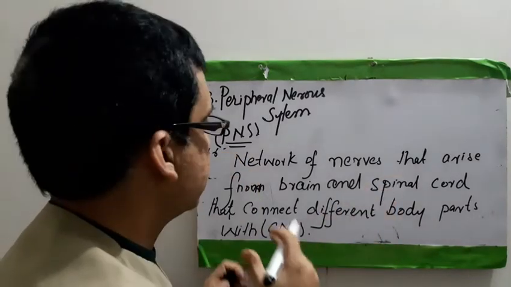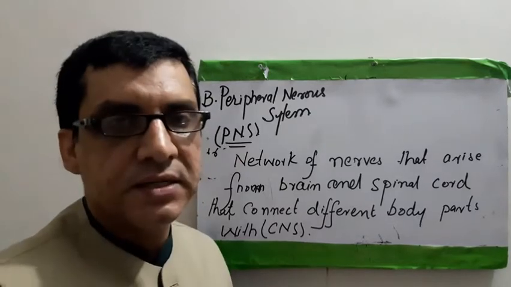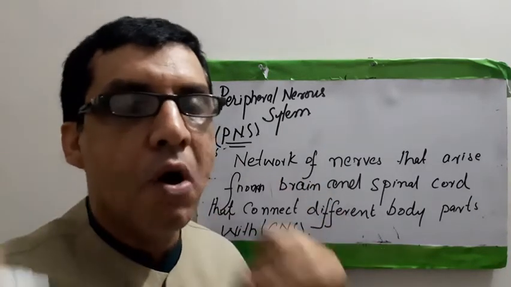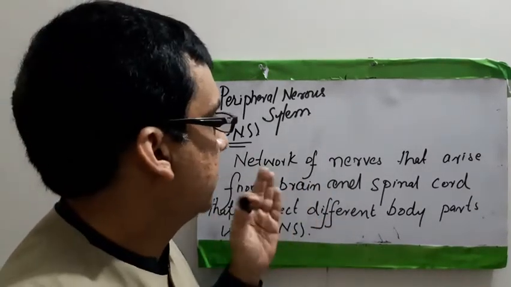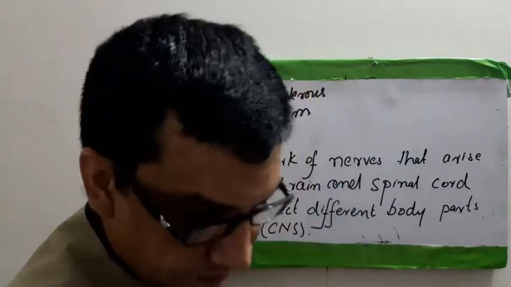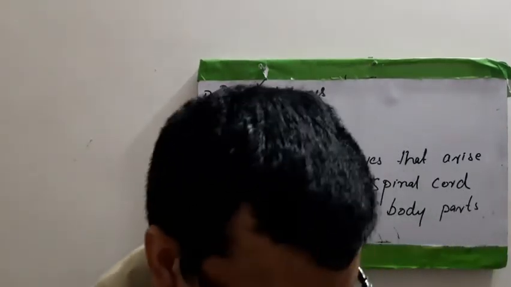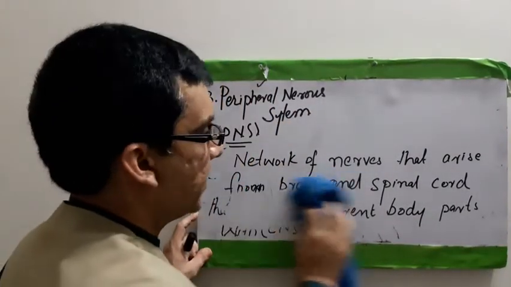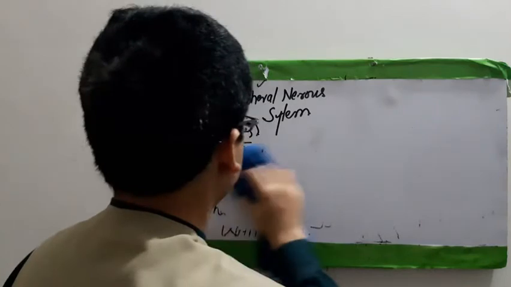So the network of nerves that is scattered throughout the body is called the peripheral nervous system. Let's see this network through a diagram.